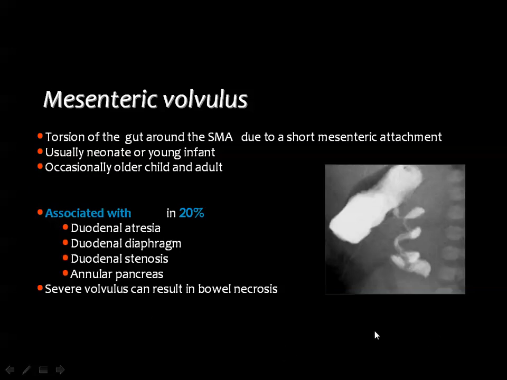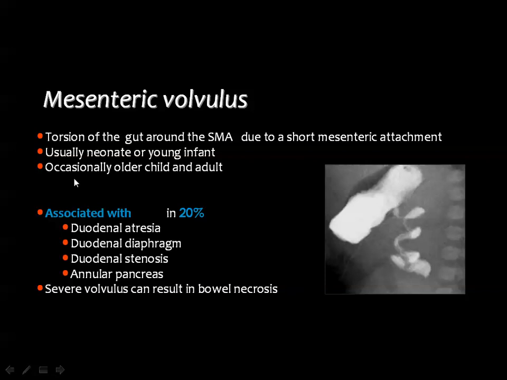We came to the mesenteric volvulus, which means that there is torsion of the gut around the superior mesenteric artery due to a short mesenteric attachment. This can occur in neonates and young infants, and also can occur in older children as well as in adults.